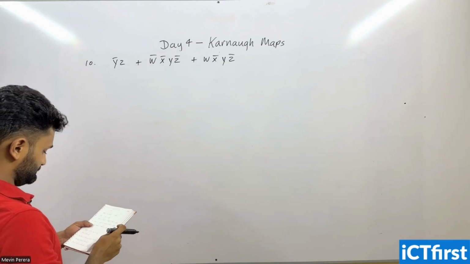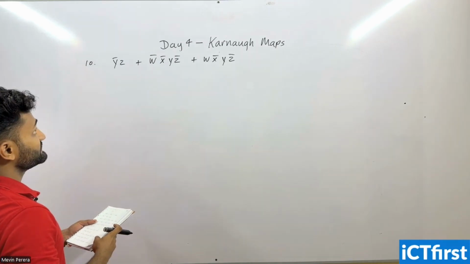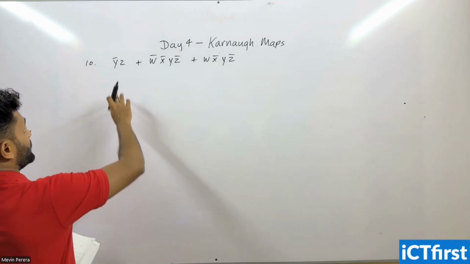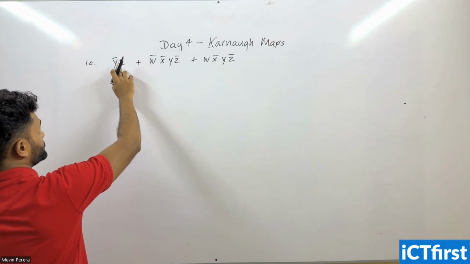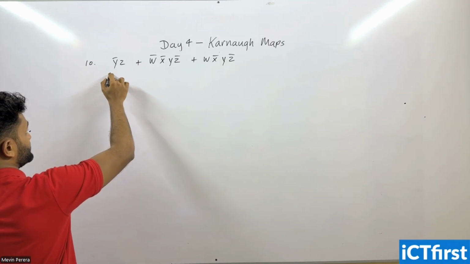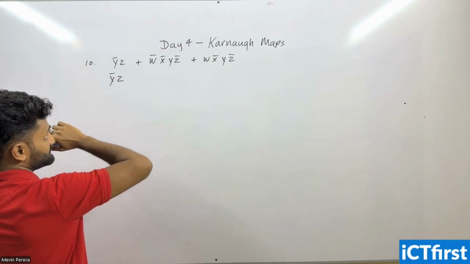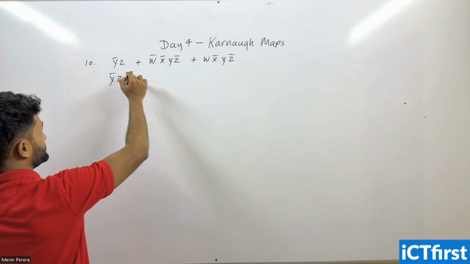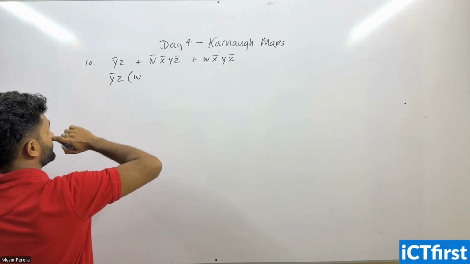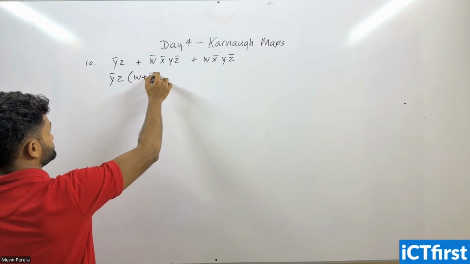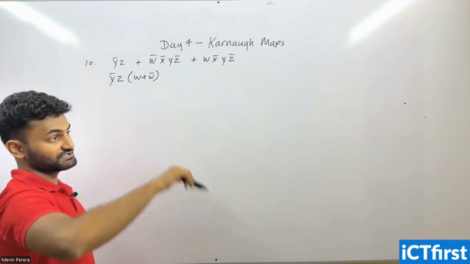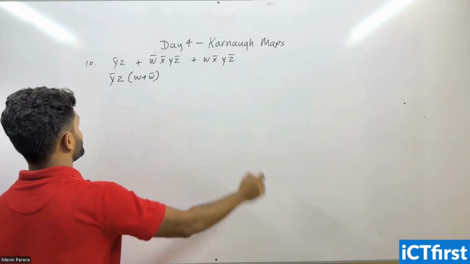Okay, now in this case, the problem is this one doesn't have both W and X, right? Now, this is an SOP expression. SOP is well together, W is not there. Okay, we did a similar type of question in the fifth one as well.